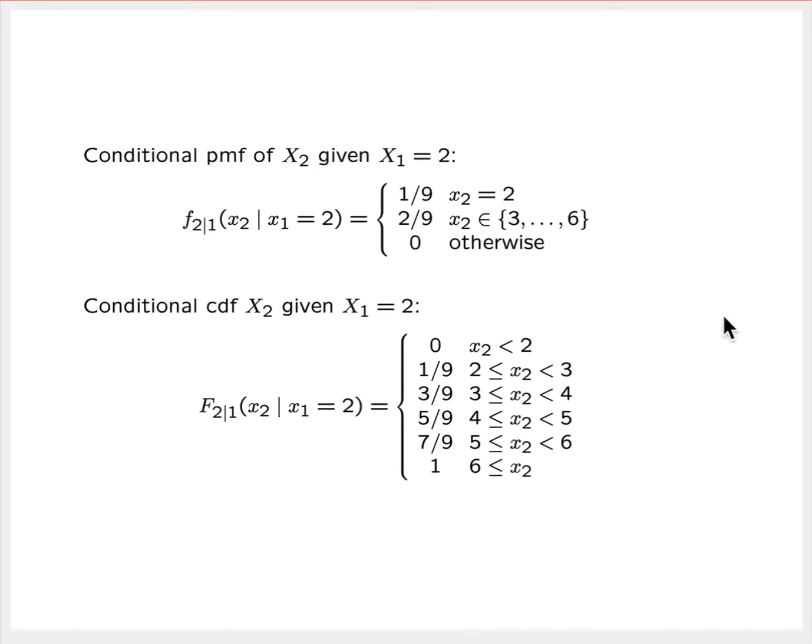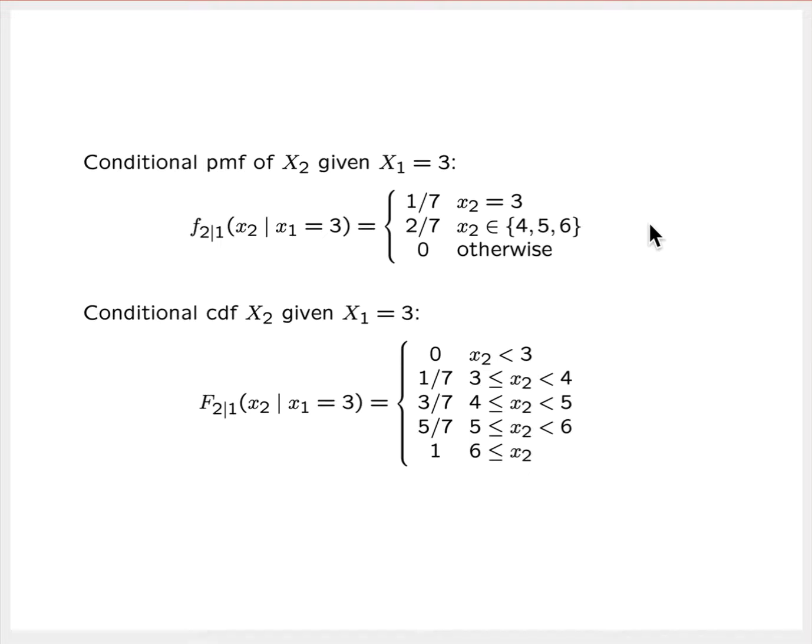And that's going to give us a conditional PMF of x2 given that x1 is equal to 3. It takes on the value 1/7 if x2 is equal to 3, and it takes on the value 2/7 if x2 is equal to either 4, 5, or 6. It's 0 otherwise. And then from this, we can construct the conditional CDF of x2 given that x1 is equal to 3.